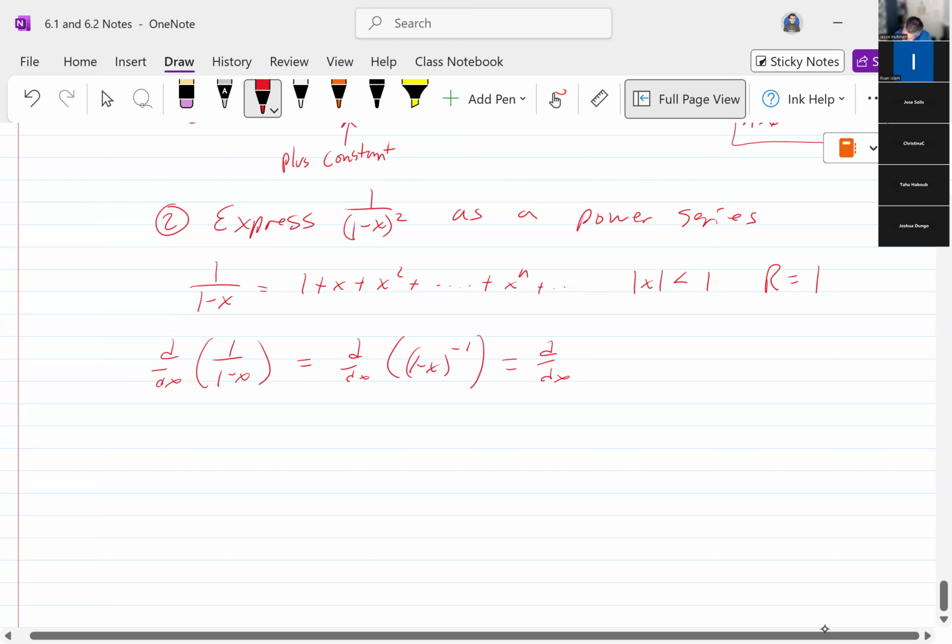This is negative 1 times 1 minus x to the negative 2 power, times the derivative of the inside, which is negative 1.